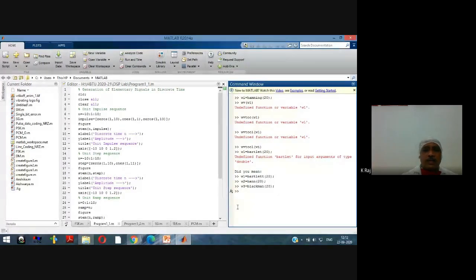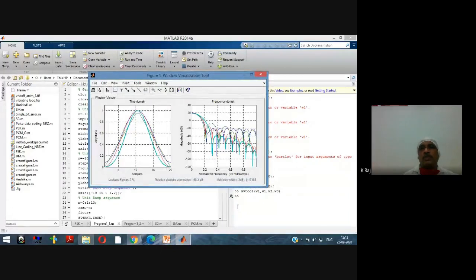So we can write here the window viewer tool, and then in brackets write WI, comma W1, comma W2, comma W3, and then press the enter button here. Now see the results here.